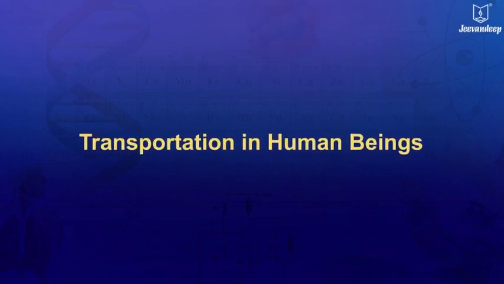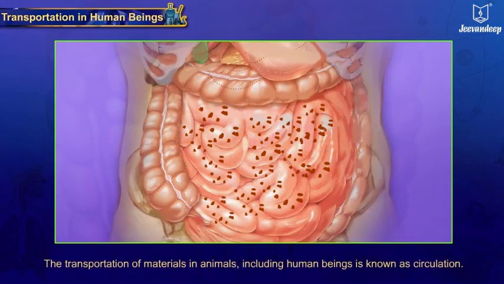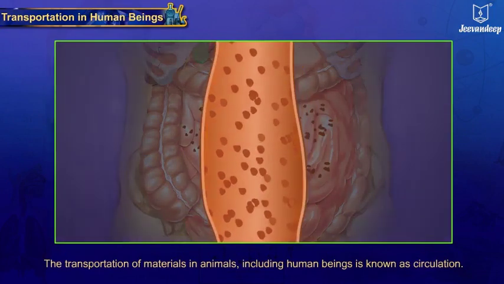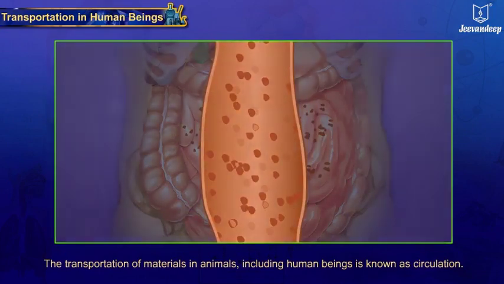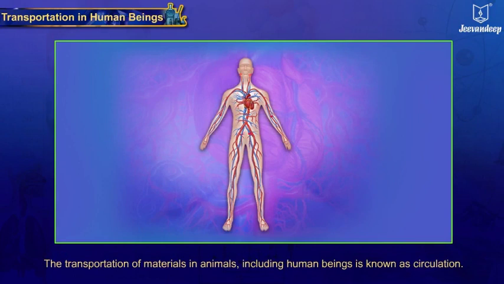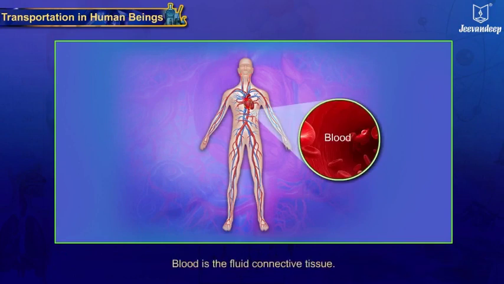Transportation in human beings. The transportation of materials in animals, including human beings, is known as circulation. Blood is the fluid connective tissue. It plays an important role in the transport of materials in the body.